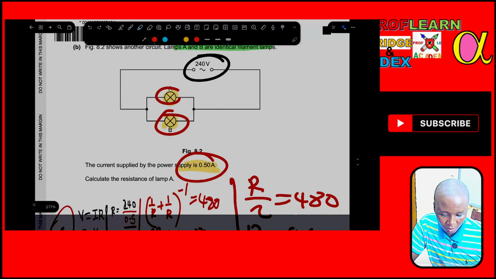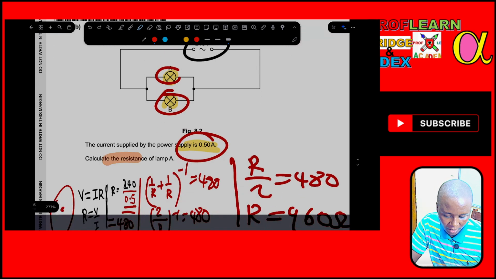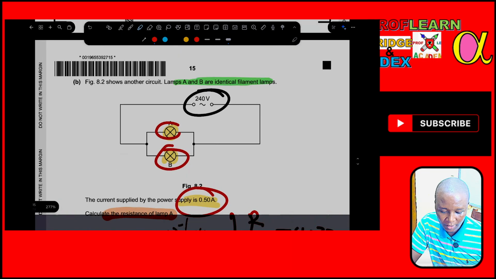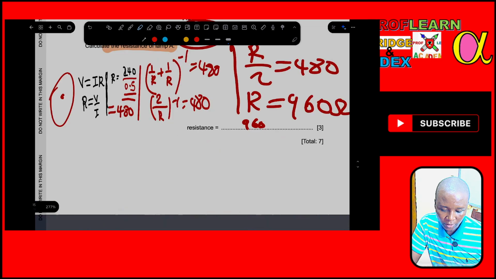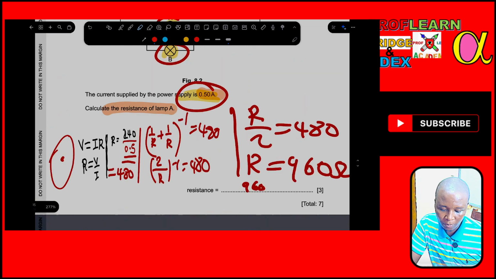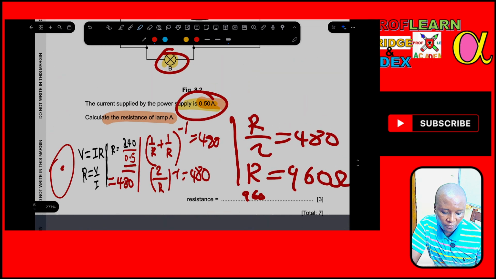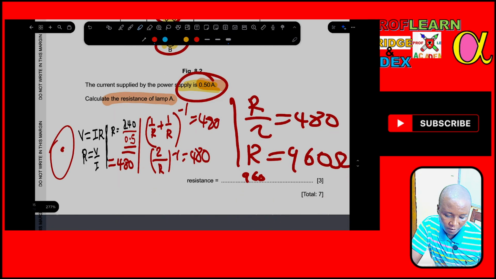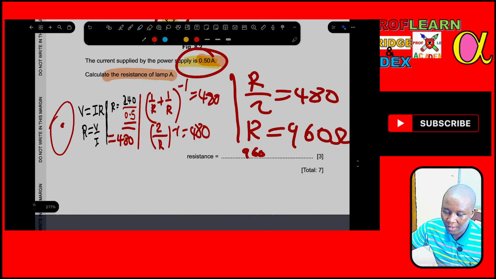Then candidates were supposed to calculate the resistance of the lamp. These two lamps were connected in parallel, and we were told the current that is flowing is 0.5. Then you will use the formula V equals IR in order to calculate the total resistance of the circuit, and once you have calculated it, you get 480.